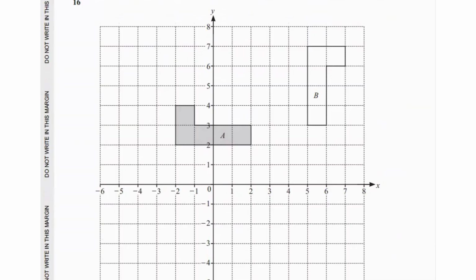And it's not an enlargement because the size hasn't changed either. So since we're going from shape A to shape B, we're going in the clockwise direction. And it's a 90-degree clockwise rotation. So that's one thing that we've established.